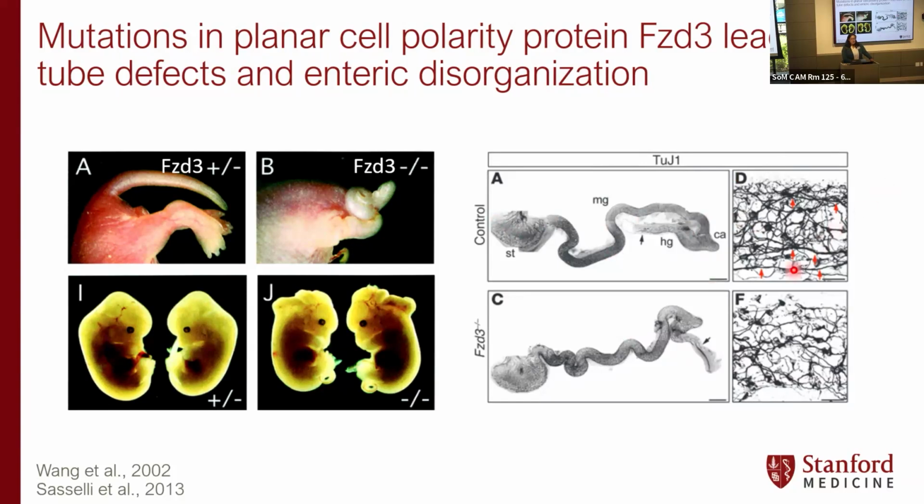In the wild type, you can see you have these nice, thick, long axon bundles that are going longitudinally down the gut. And on the bottom, you can kind of get the sense those axons are thin and disorganized. So there seems to be some hint that Frizzled 3 is important to organization of at least the axons in the ENS, but we haven't been able to visualize the enteric neurons themselves in these mutants.